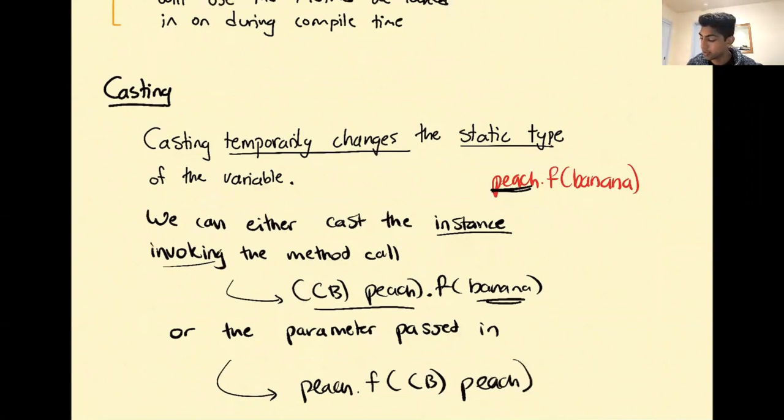Another thing we can do is cast banana to be of class A. That's also a valid cast, because banana would then have static type A and dynamic type B. Cool. There's definitely a bit more to casting in terms of what errors could arise, but I think for now this is a good introduction, and I recommend diving through problems 1 and 3 on the exam prep worksheet. That is all. Have a good one.